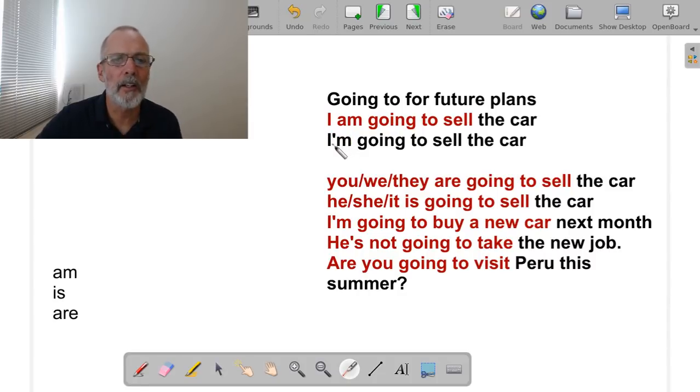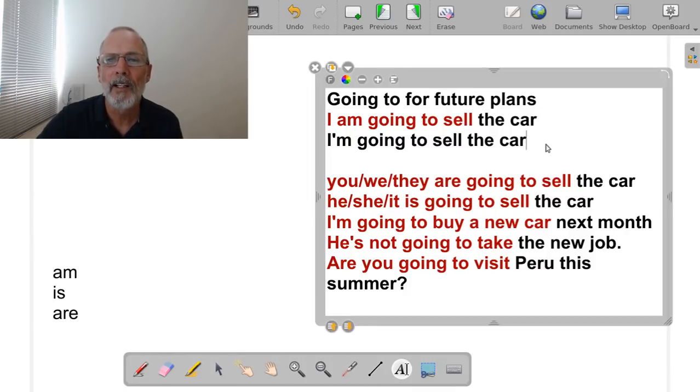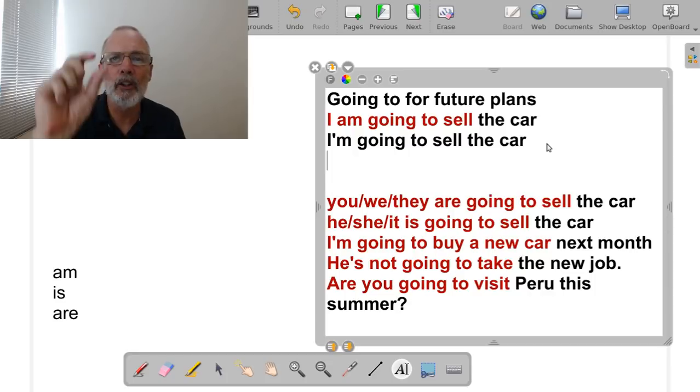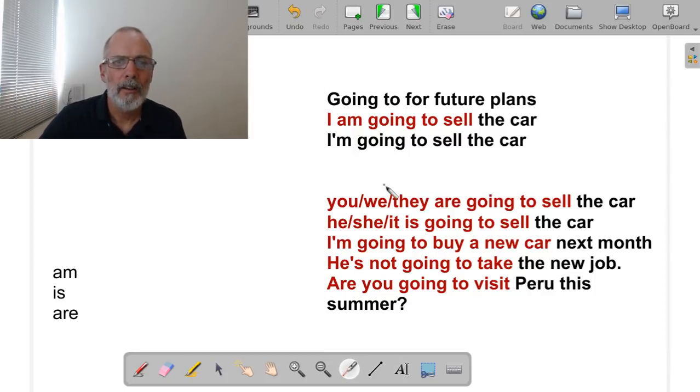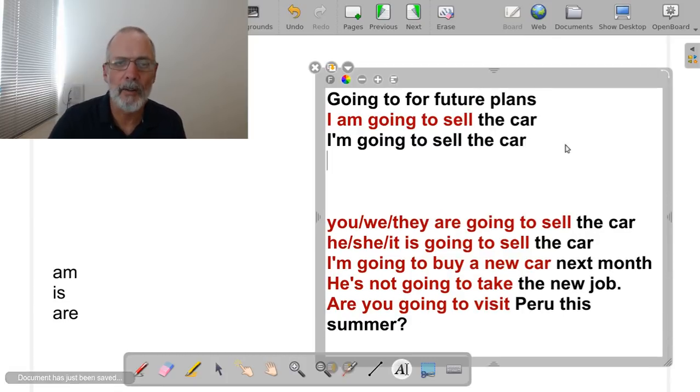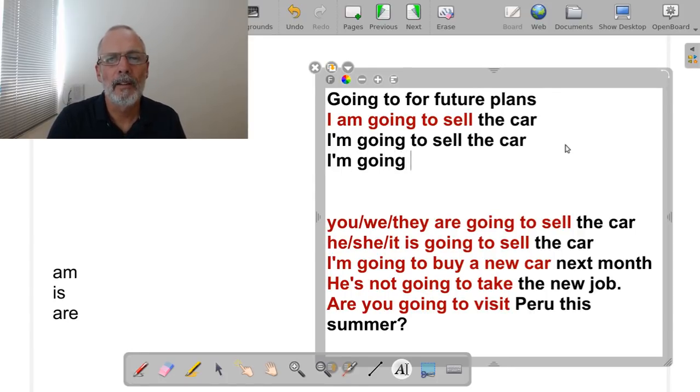Secondly, they are going to reduce the to, and it's going to be more like a t, going to sell.